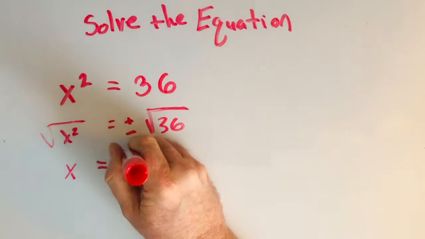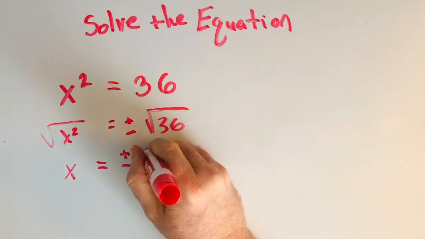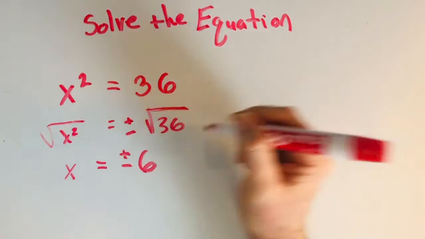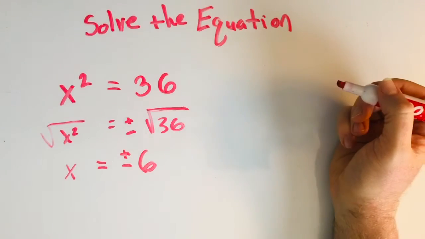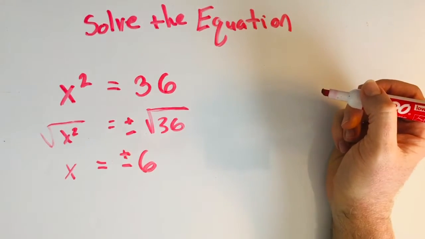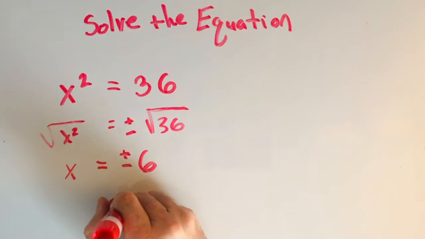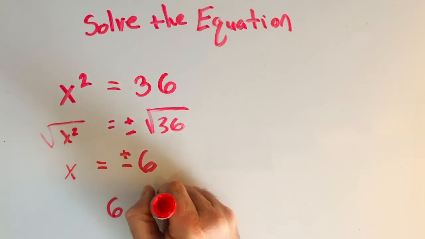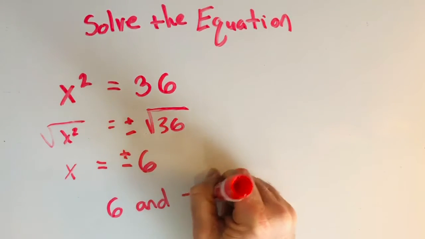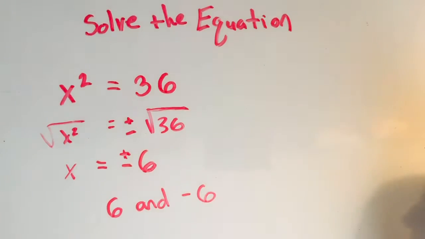And we know that the square root of 36 is 6. So the two values that x equals are both 6 and negative 6. All right?